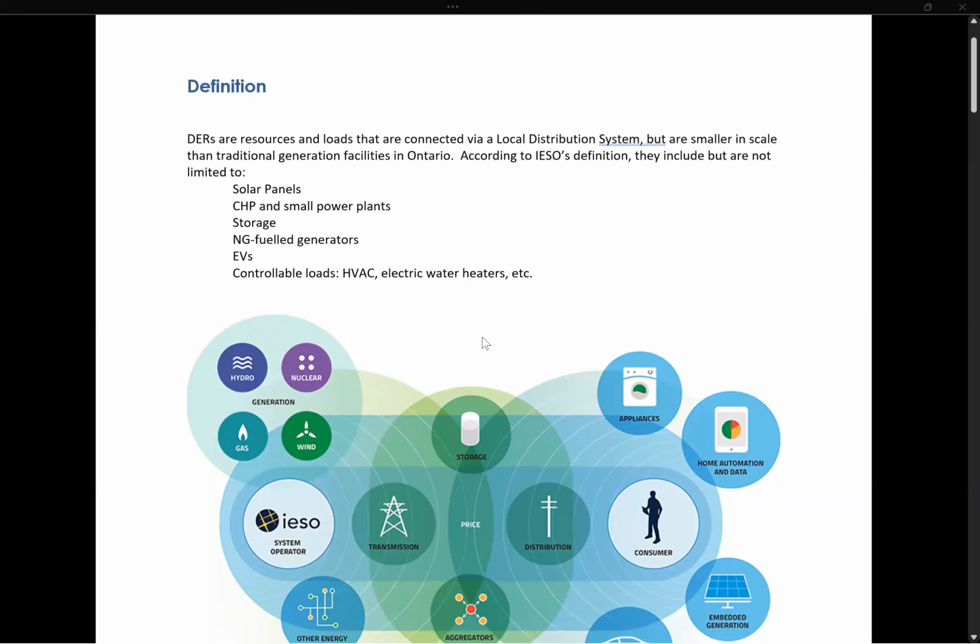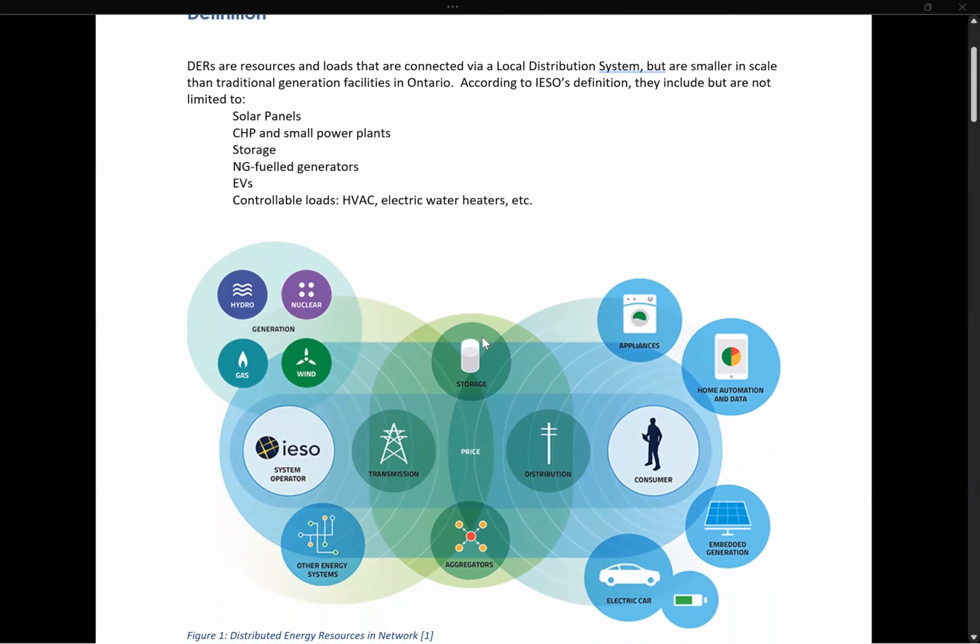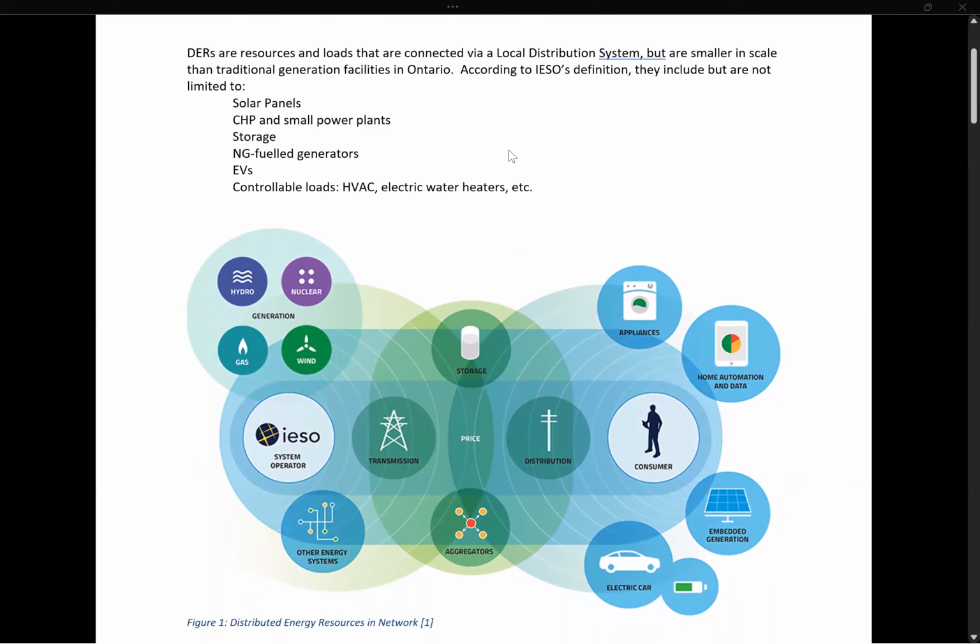So I'm taking a picture here from IESO themselves, and they are defining them as resources or loads that are connected via a local distribution system, but they are smaller in scale than the traditional generation facilities.